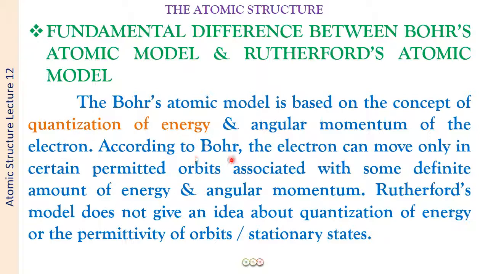According to Bohr, the electron can move only in certain permitted orbits associated with some definite amount of energy and angular momentum. And Rutherford's model does not give any idea about quantization of energy or which orbits or stationary states are permitted. So that would be the difference, and I hope you can appreciate what this means now.